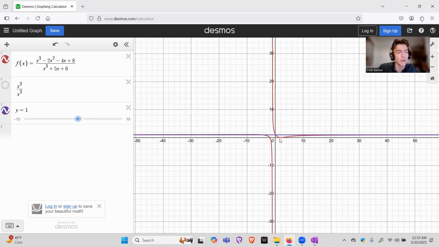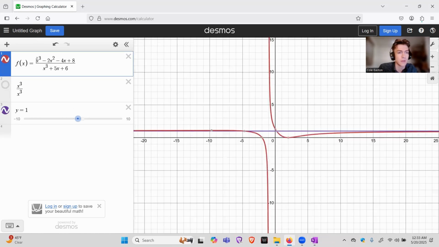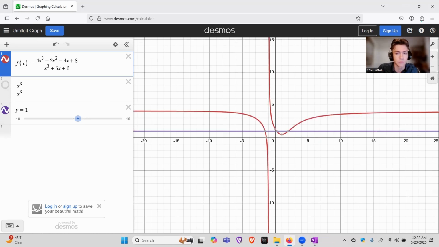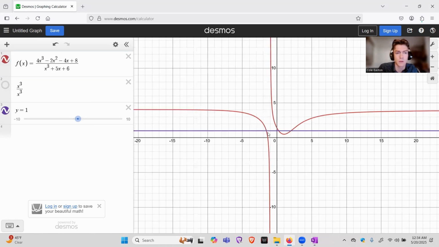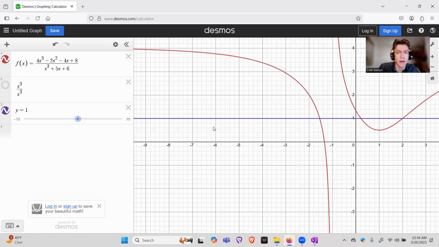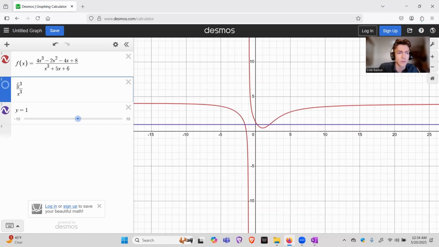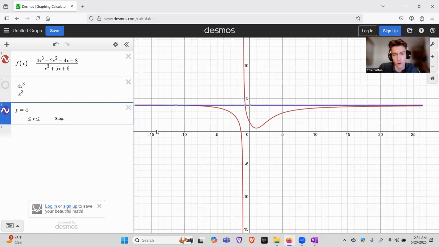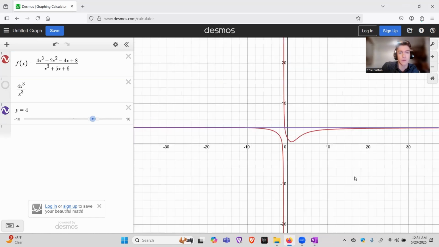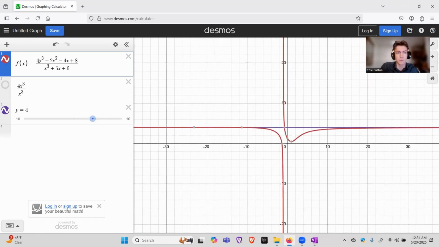Okay, what if in the top we had a 4? So then now this is going to be like 4x cubed over x cubed. So that's going to be like 4. So that's going to be y equals 4, right? So we get an asymptote at y equals 4.